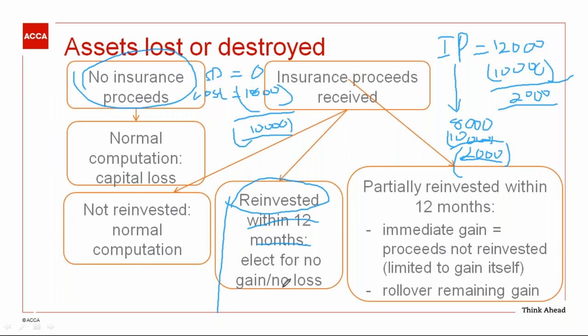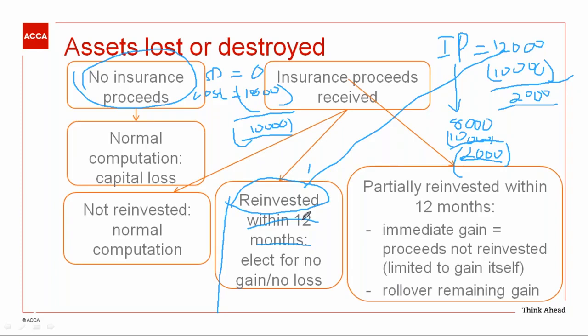So in that case, if you have fully utilized the insurance proceeds that you have received, in this situation £12,000, to buy a replacement asset within a period of 12 months from the date you received insurance compensation, then you can defer the gain. That means you can postpone the gain and make a claim, make an election for no gain, no loss.